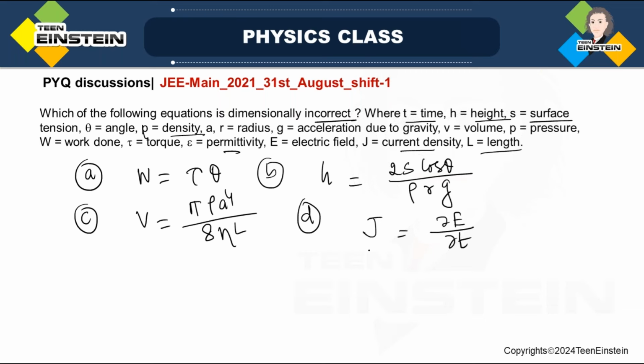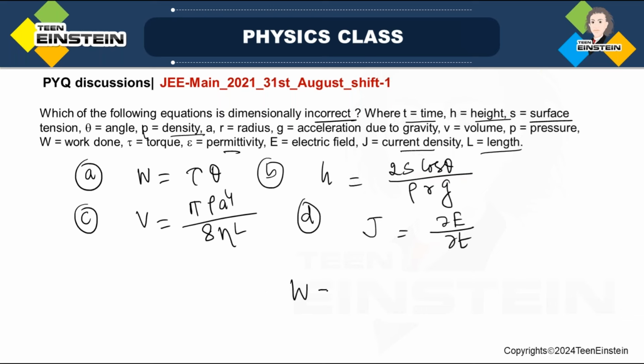Okay, we have to find out the incorrect option here in terms of dimensionality. You have to check. See, this is tau. Tau is the force equivalent in rotational mechanics.